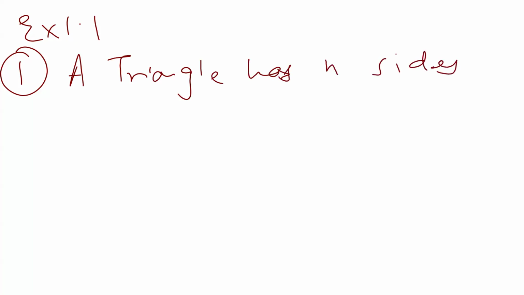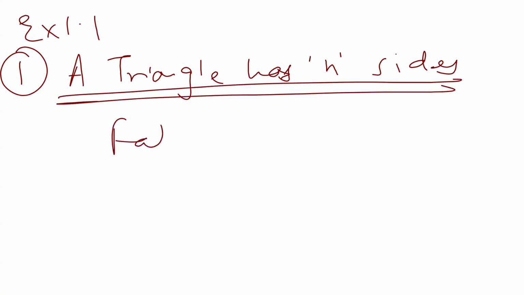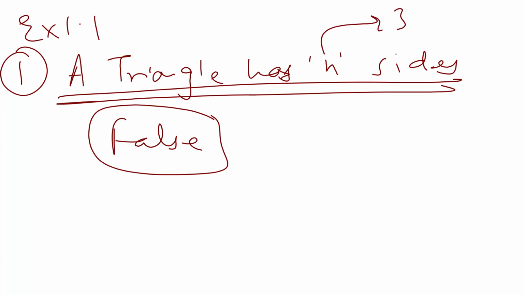Now, first of all, the truth value. This is a false statement, because we know for sure that a triangle has three sides. Then why write n sides? It cannot have n sides. It is very specific. A triangle has only three sides. So this is false.